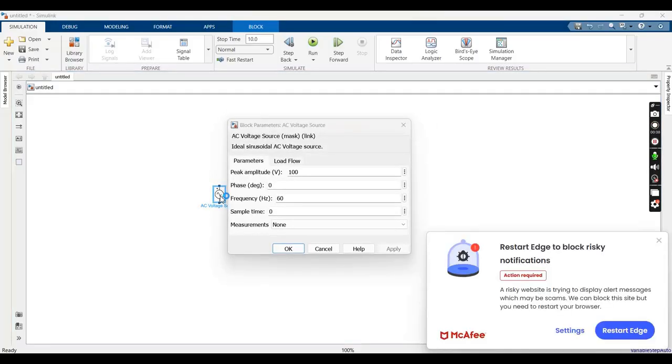By double-clicking on this source, we can change the parameter of the peak voltage. Let it be 230 volts.